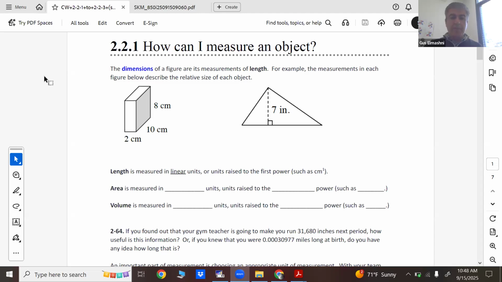But area has square units, so we raise it to the second power. An example could be square feet. If you look up your house on Zillow, and they tell you the square footage, that's basically the area of your house.